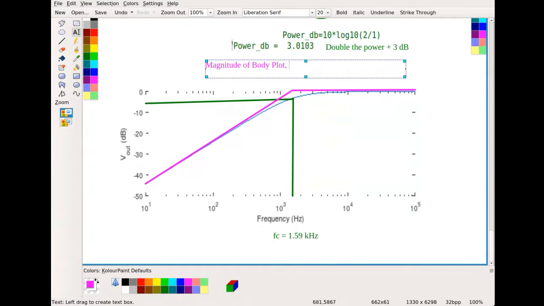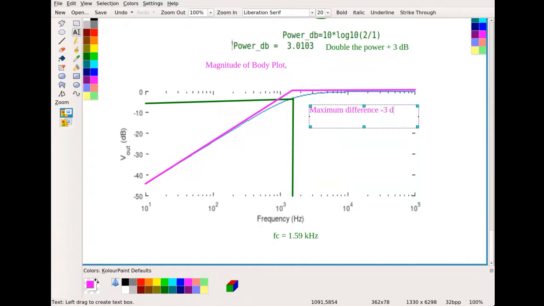And this difference here, the maximum difference, is -3 dB at the cutoff.